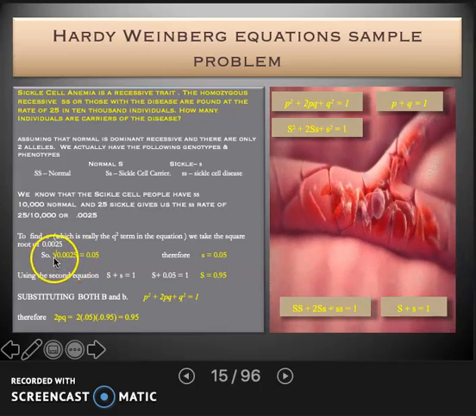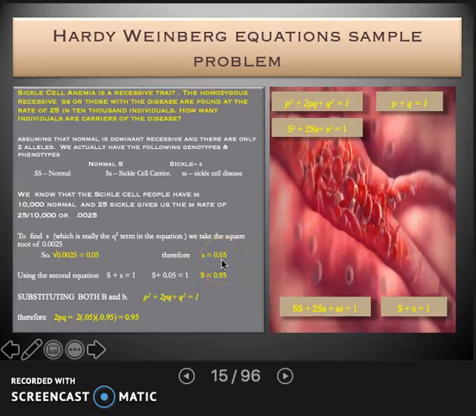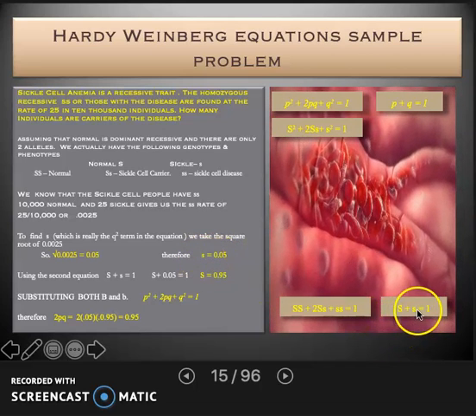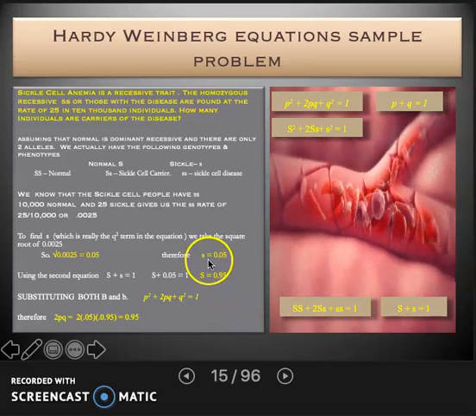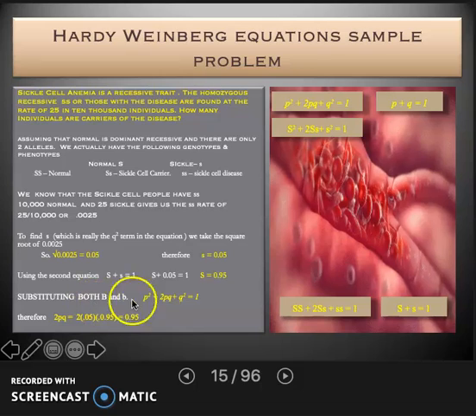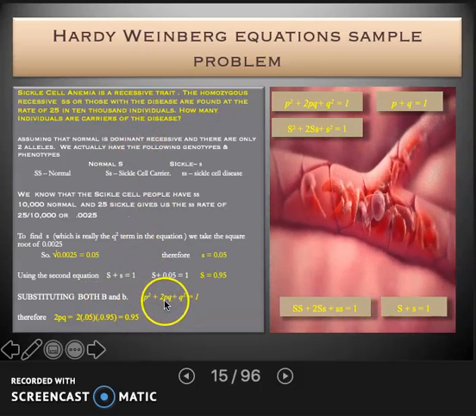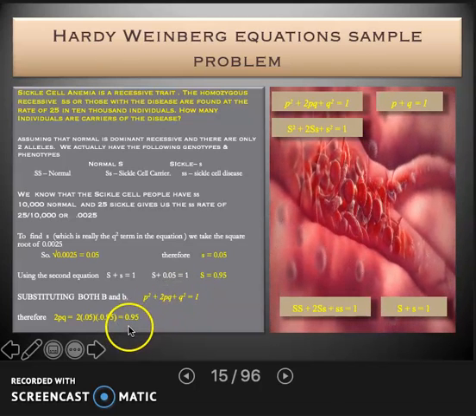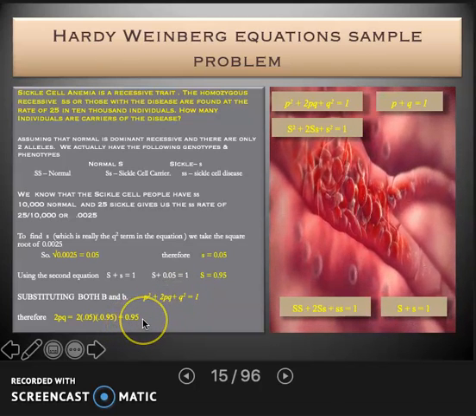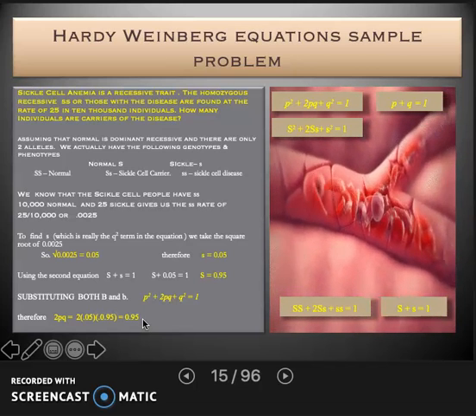The square root of 0.0025 is 0.05. If I know little s, I know big S. Big S is going to be 0.95, little s is 0.05, and then to evaluate this carrier question, I take 2 times p times q, and that gives me 0.095. So the frequency of carriers is 0.095.